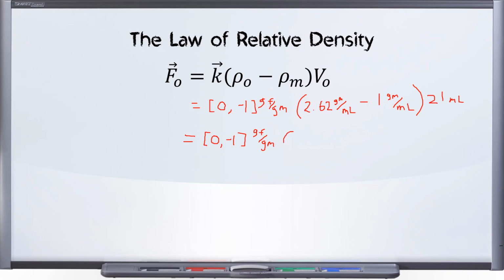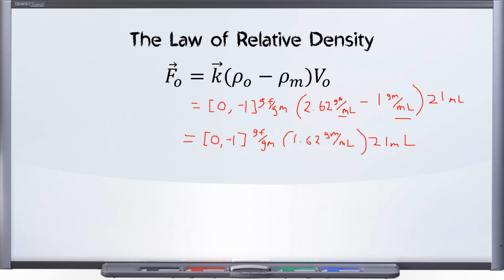And let's do the parentheses. 2.62 minus 1 is 1.62 grams of mass per milliliter. These have the same units. Watch out for that when you do a subtraction. It must have the same units. And then we'll bring down the 21 milliliter volume for the rock.